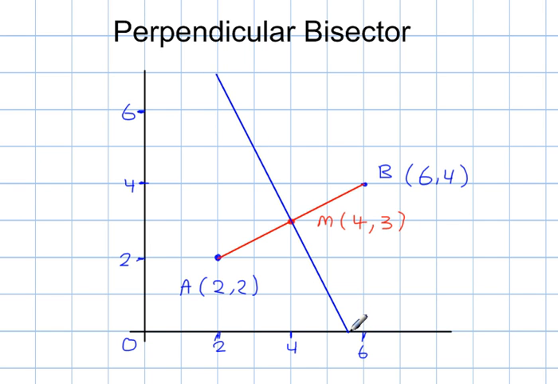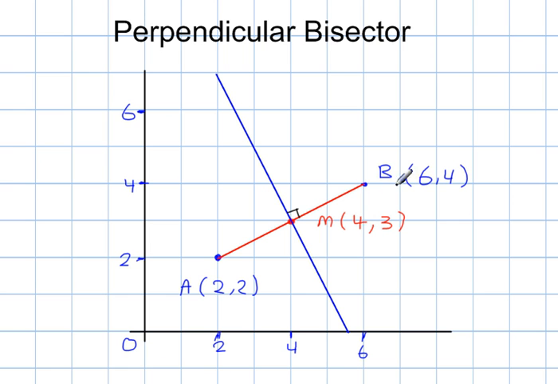Now we don't have the gradient of the line, but we know it's perpendicular to the line AB. So if we work out the gradient of the line AB, we can use that to easily work out the gradient of this perpendicular line.